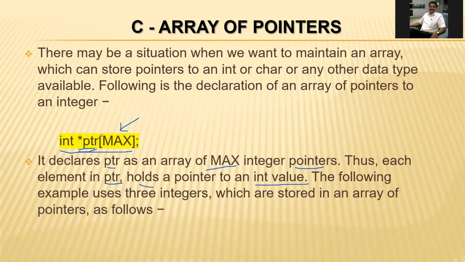So what is the maximum value? For example, 5. So there will be 5 integer values which are actually stored with the pointer. Or, for example, 3 integers are there which will be stored as an array of pointers. Just see these pointers.